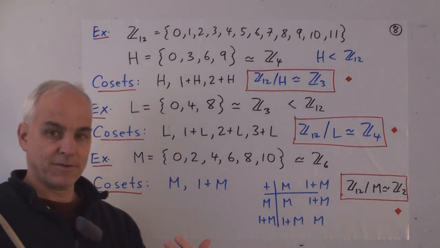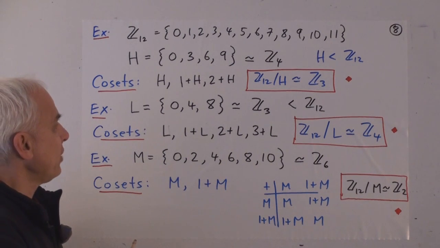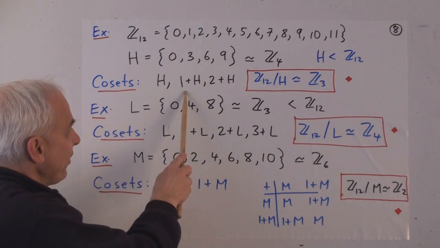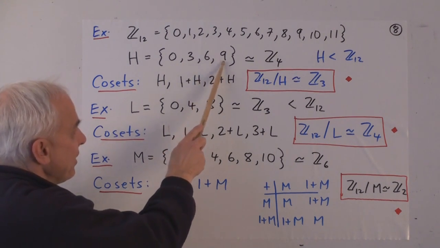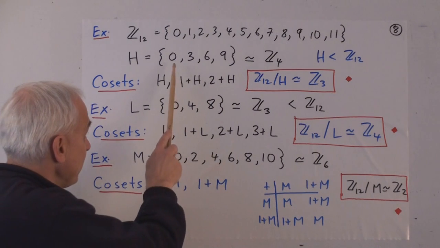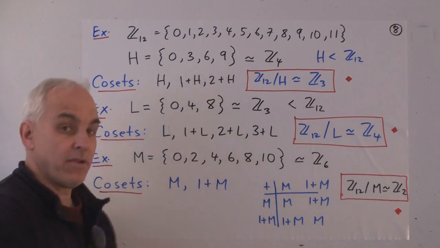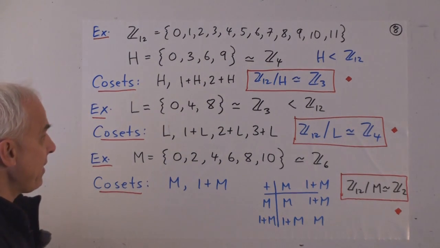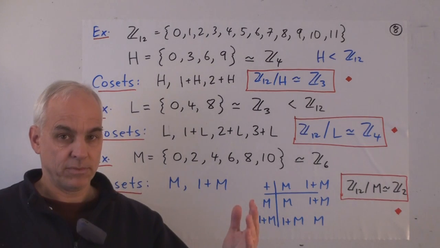What are the cosets? Well, if we add 1 to each of the elements, we get a coset 1 plus H. That will have elements 1, 4, 7, and 10. Or we could add 2 to each of the elements, so that would be the set 2, 5, 8, and 11. And then those 3 cosets would fill up all of the group.